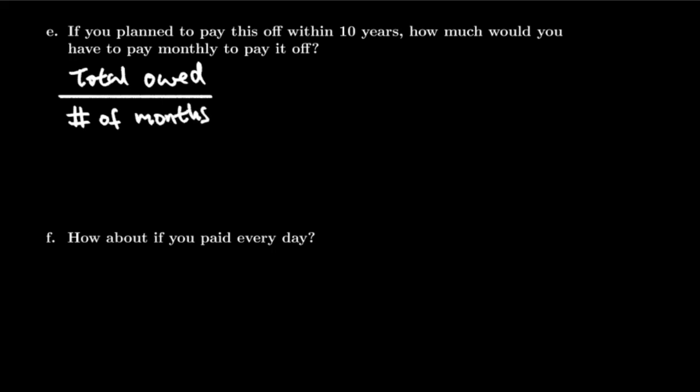So that should work. That should make sense. So let's think. Total owed, that's going to be A of 10, right? And then number of months. So if we have 10 years, how many months are in a year? 12. So that's going to be something over 120.